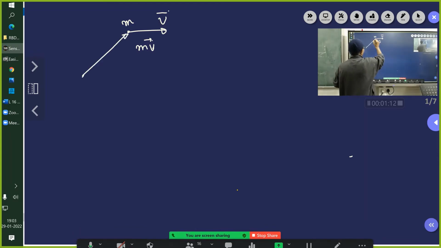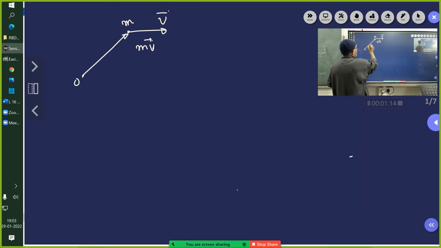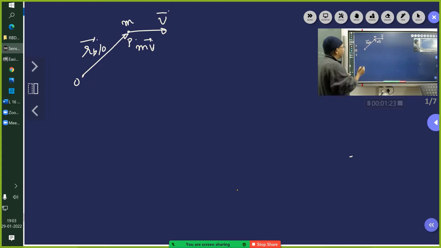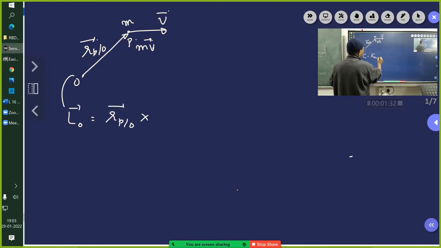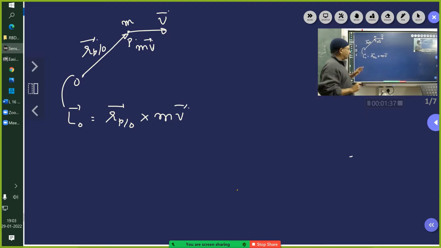We referenced it from a point O, and if I call this point P, this vector was r_PO bar. So we got the angular momentum at this point, L_O bar, given by r_PO bar cross m v bar. I suppose all of you have gone through this type of thing, right? Yes. So we did a lot of analysis.